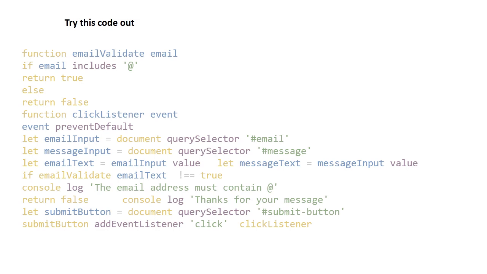Let emailText equal emailInput.value. Let messageText equal messageInput.value. If isEmailValid(emailText) is not equal to true, console.log the email address must contain @, return false. console.log thanks for your message. Let submitButton be document.querySelector submit button. submitButton.addEventListener click, and click.